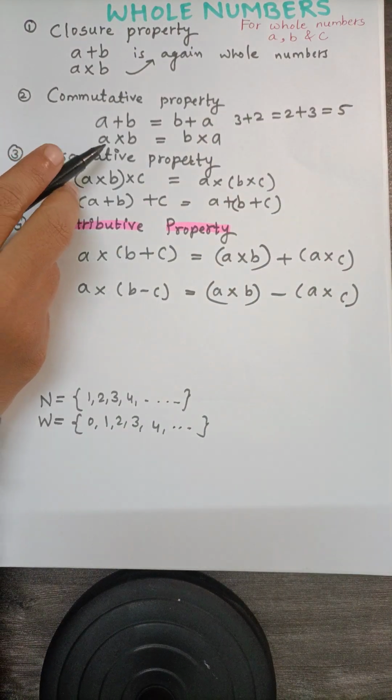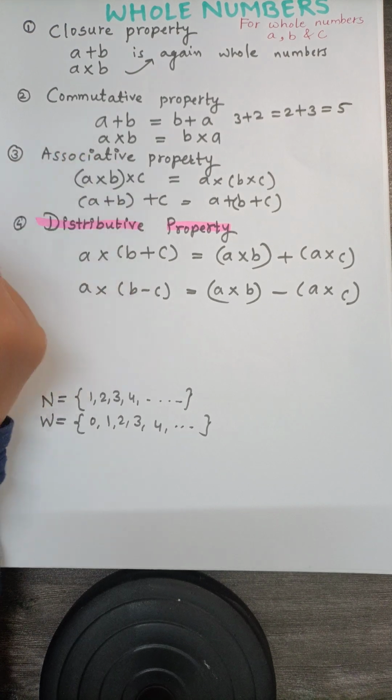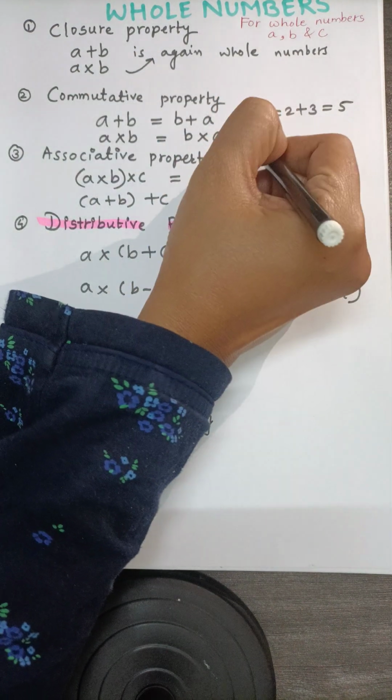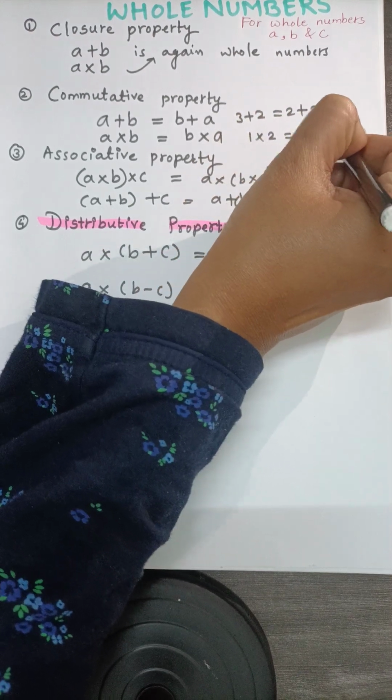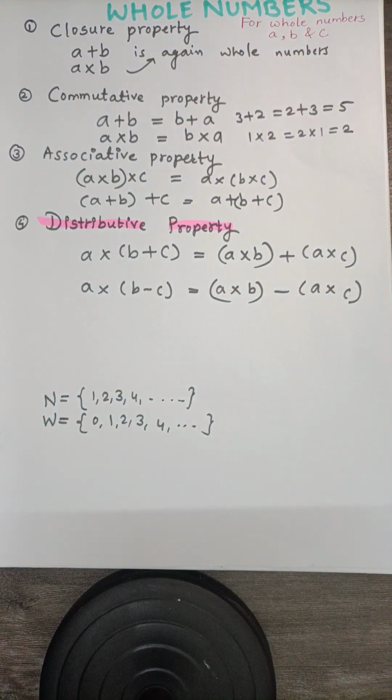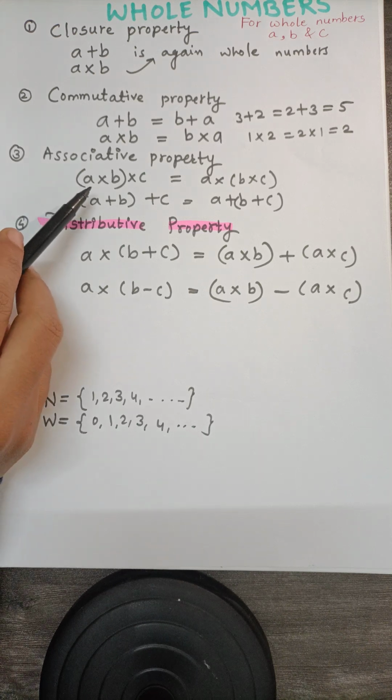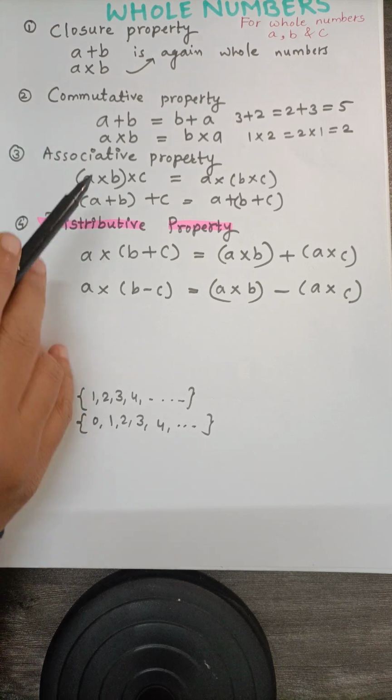Similarly, if we multiply any two whole numbers in any order, the result will be the same. If I multiply 1 with 2 or 2 with 1, the result will be 2. That means the commutative property is satisfied under addition and multiplication, but may or may not be for division and subtraction.